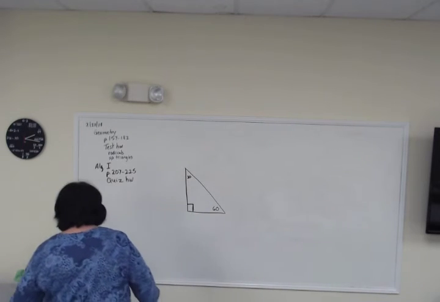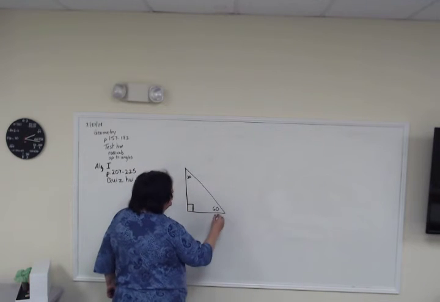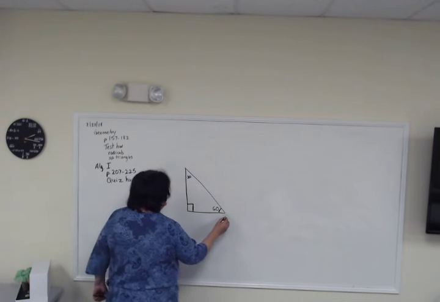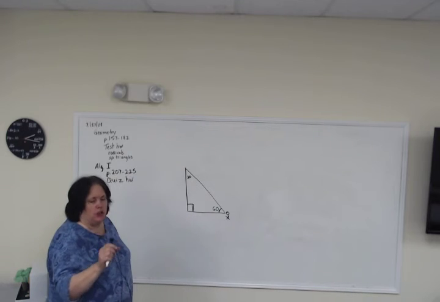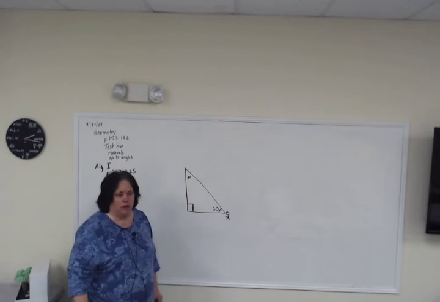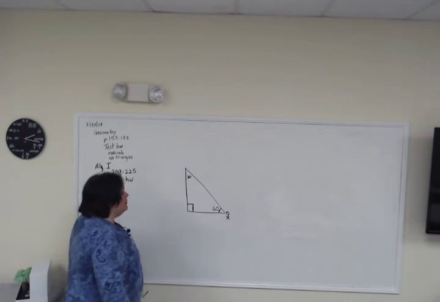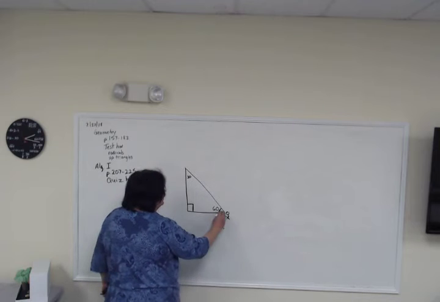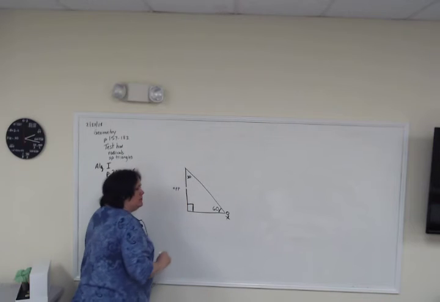So you have to choose what angle you're standing at, okay? If you're talking about a 60-degree angle in a right triangle, you're standing at the 60-degree angle. From this perspective, this side is opposite of you, isn't it?